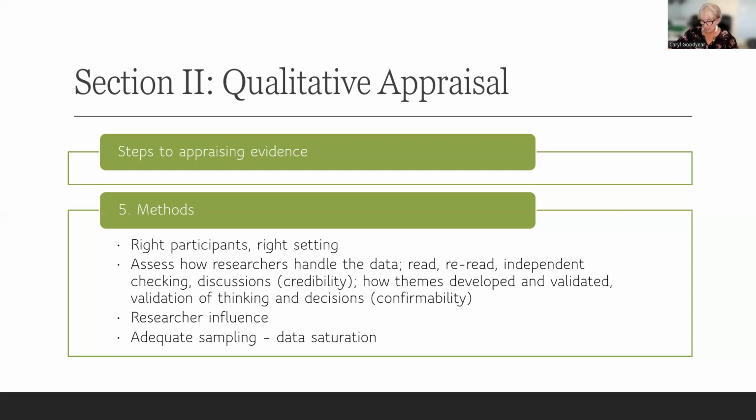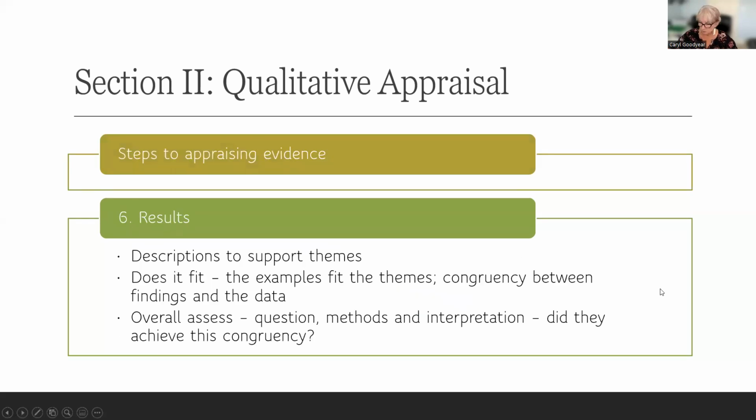On page 871, they go into the results. And some of the results speak back to the trustworthiness or the fit of the data and into their themes. So it's always important in qualitative research to look at descriptives.